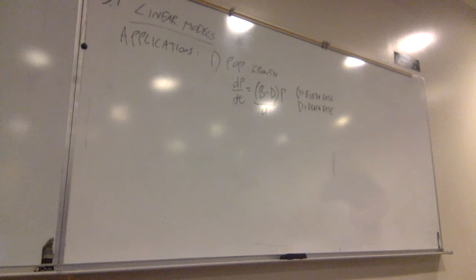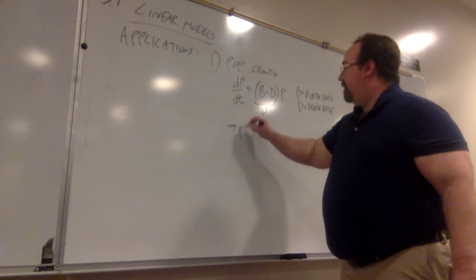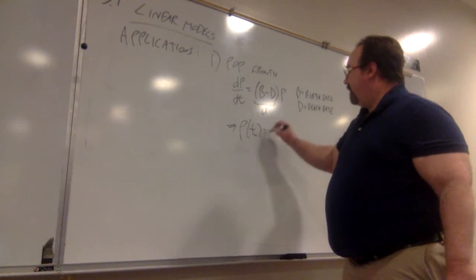All right, so if you express the birth rate and death rate as a percentage, so 0.01 for a 1% birth rate, then we know what the solution is based on the solution formula I wrote earlier.